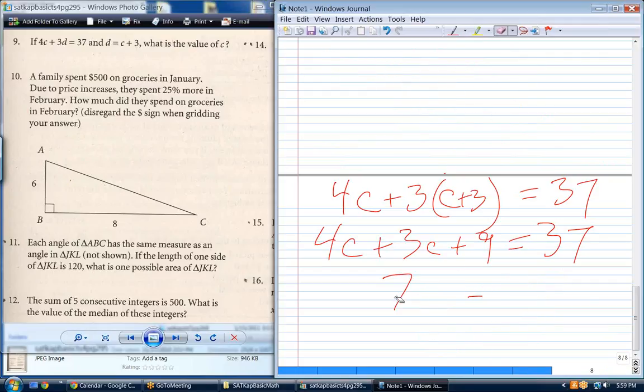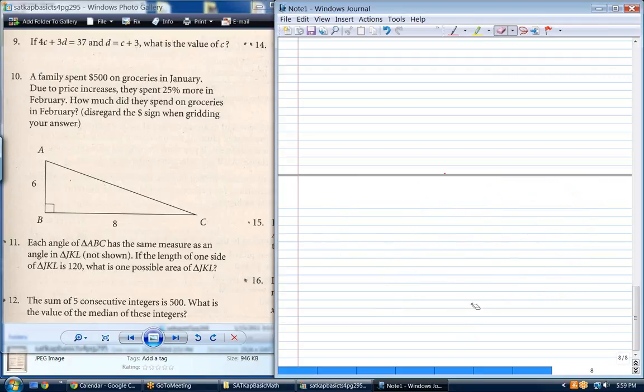Now, you have any questions on how to grid your answers? I don't have the instructions on gridding, but the only thing you want to be careful about is if you're putting in this answer, you do not want to put it in like this. You want to put it in as 9/8.